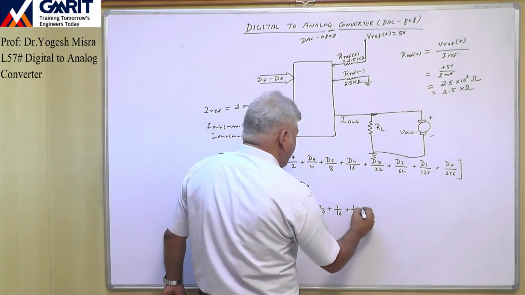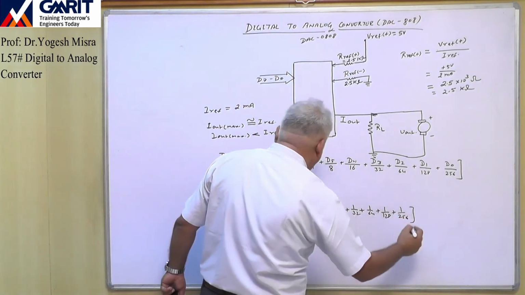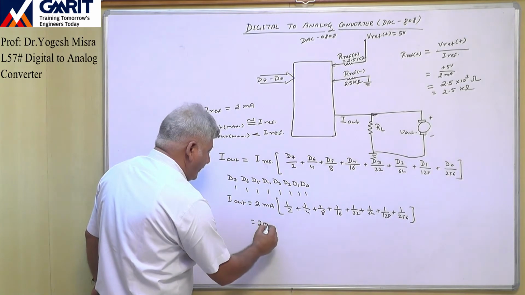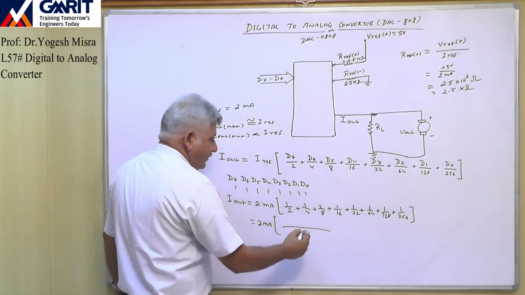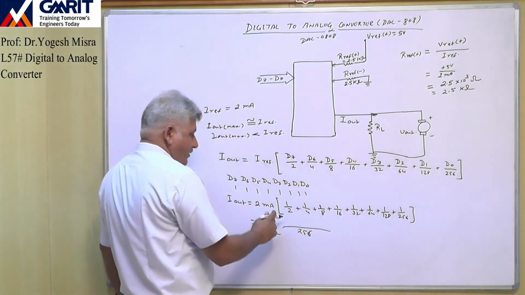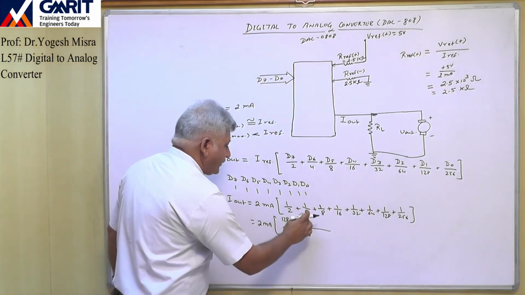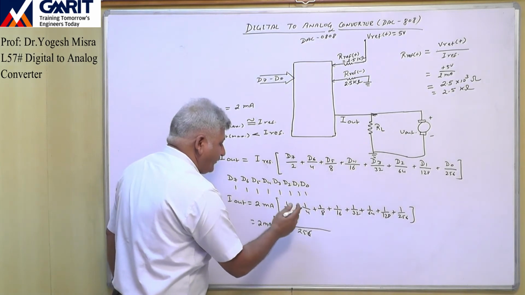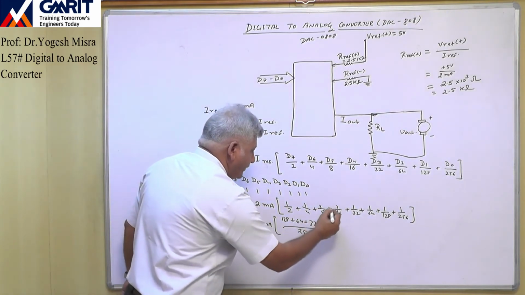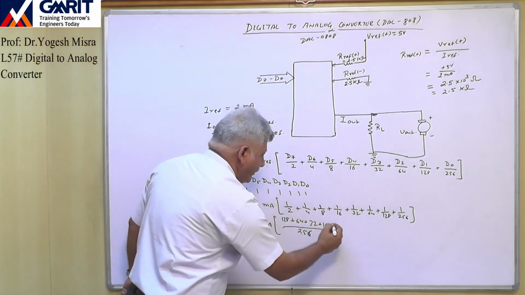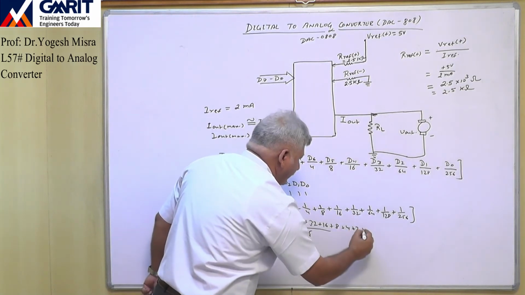plus 1 by 32 plus 1 by 64 plus 1 by 128 plus 1 by 256, and this is equal to 2 milliampere multiplied by, here the LCM will be 256, right. 256 divided by 2 is 128, plus 256 divided by 4 is 64, in this way for this term you will get 32, for this term 16, for this term 8, for this 4, for this term 2, for this term 1.